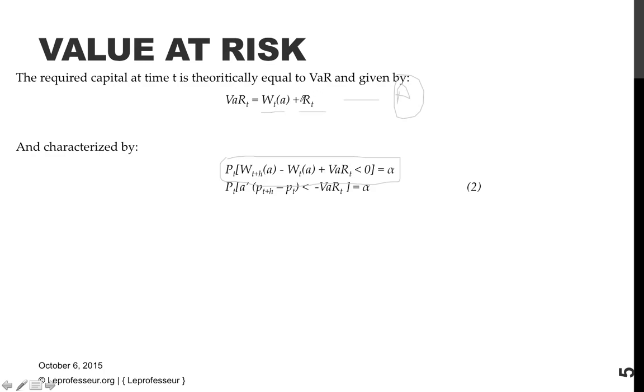Or you may think of it as we put the endowment value RT in equation number 1, and we get this equation.